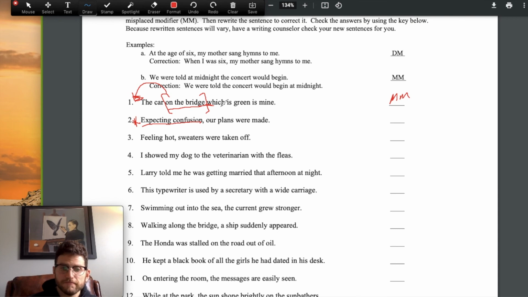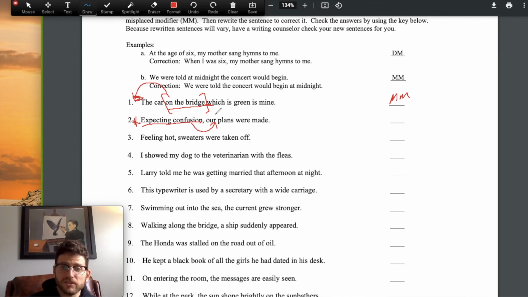So, expecting confusion, our plans were made. Now, in this sentence, grammatically, expecting confusion is modifying what? It's modifying whatever word is closest to it, immediately before or immediately after it. There's nothing before it, so immediately after it: our plans. Plans cannot expect confusion. Only people could expect confusion.